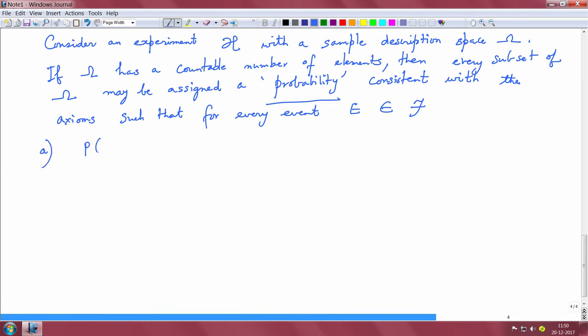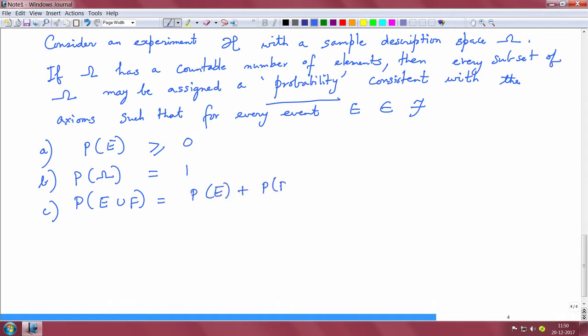One, the probability of the event should be greater than or equal to 0. Now, we are assigning some metric, some measure to this, right. So, probability of the event has to be greater than or equal to 0. Two, probability of omega, which is your universal set, has to be 1. And three, probability of E union F equals probability of E plus probability of F if the probability of E intersection F is 0.